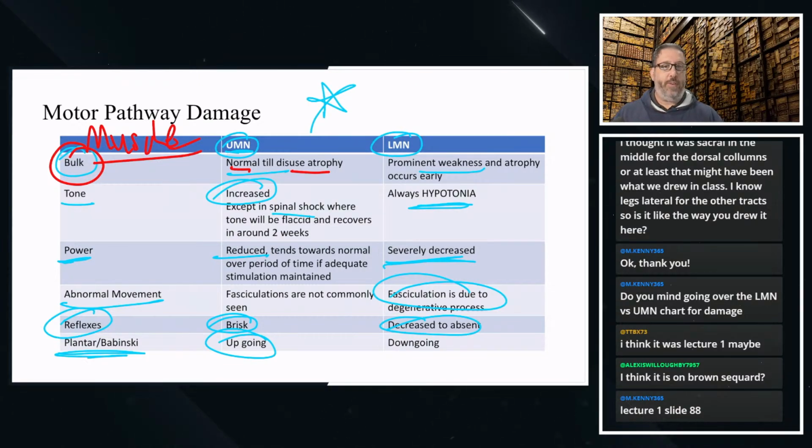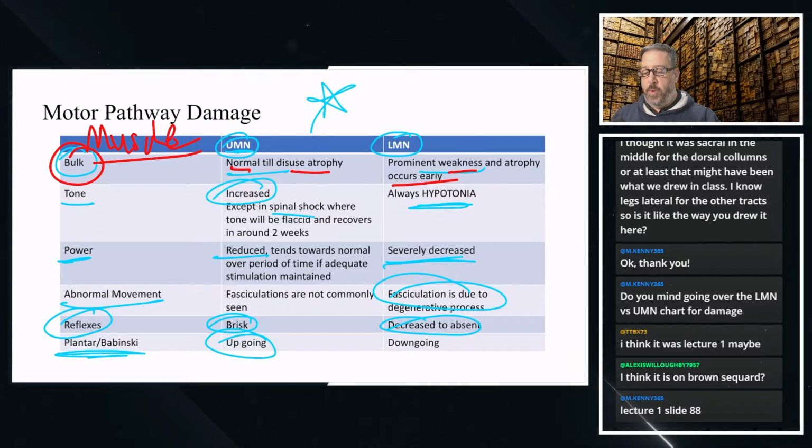So it's going to be normal at first, then it goes away. If you have a lower motor neuron damage, prominent weakness and atrophy occurs early because the lower motor neuron is damaged now. It's not telling that muscle what to do, so eventually that bulk is going to go away.